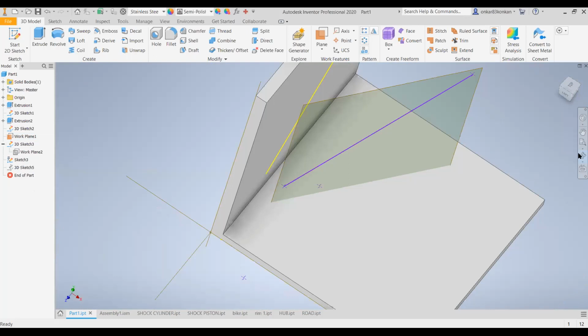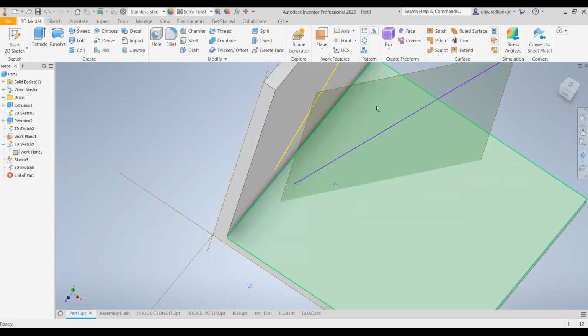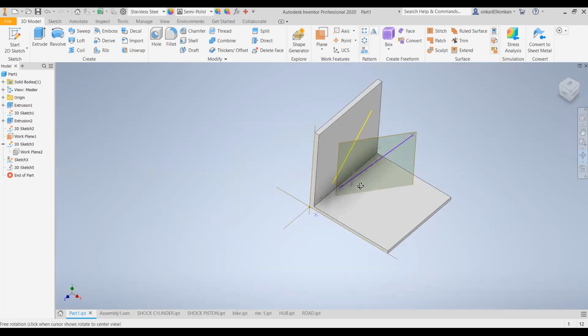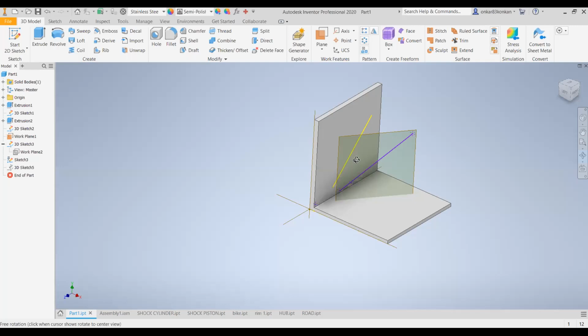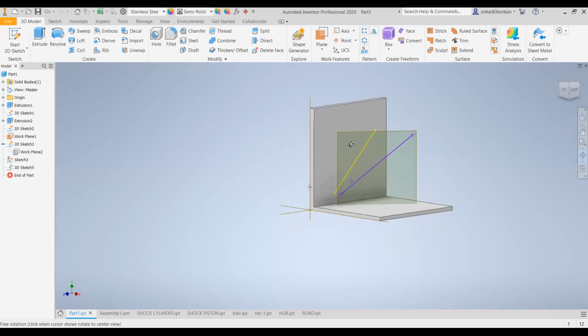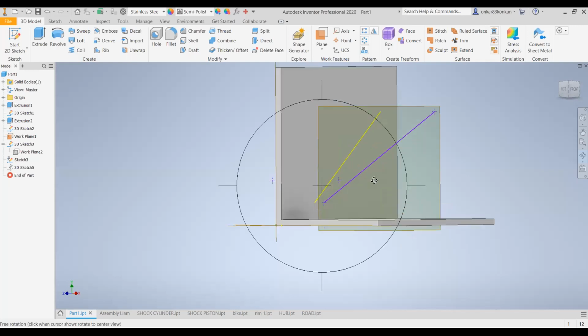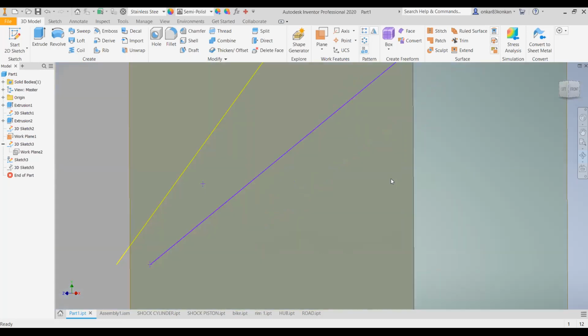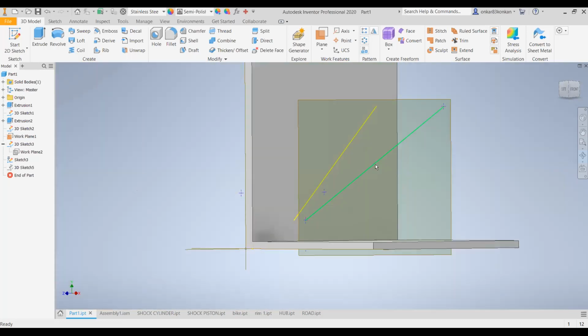Now, if you observe in the direction perpendicular to this plane, that means you need to observe from this direction. In this case, if you find the angle of this line, it is called the true angle. And in this direction, you can observe the true length.